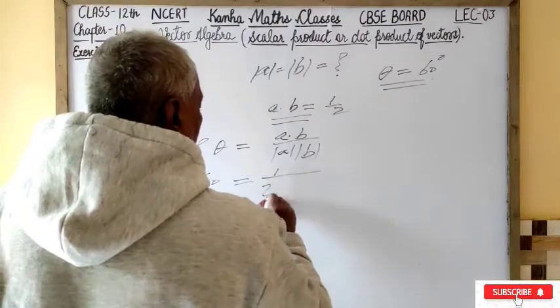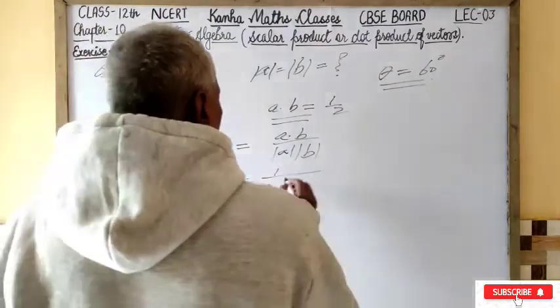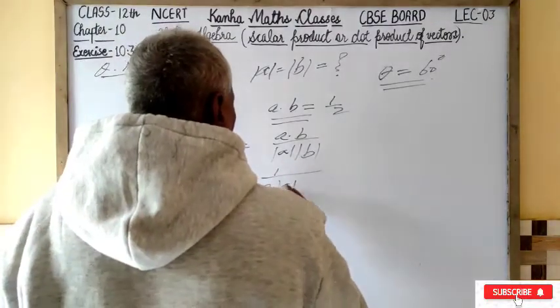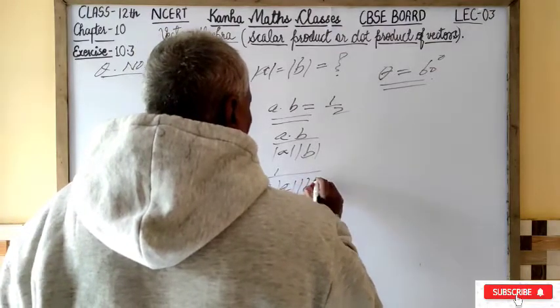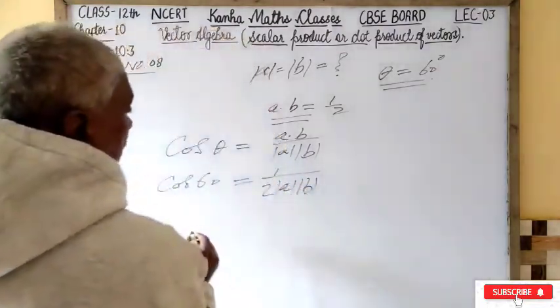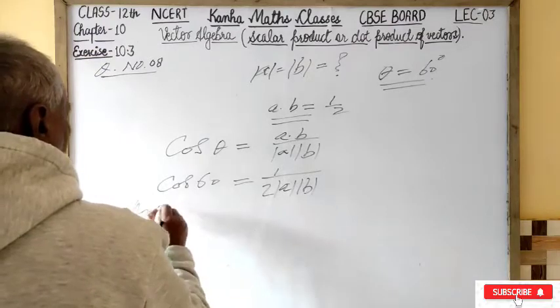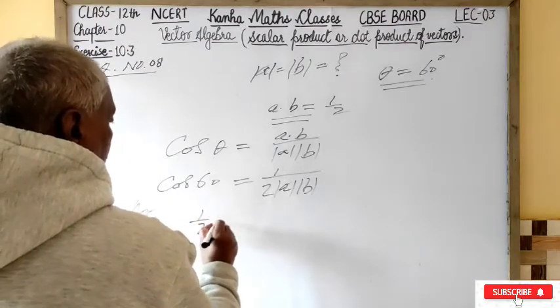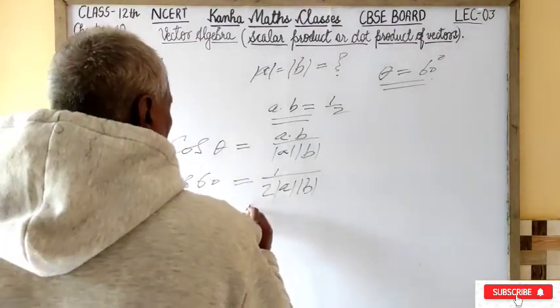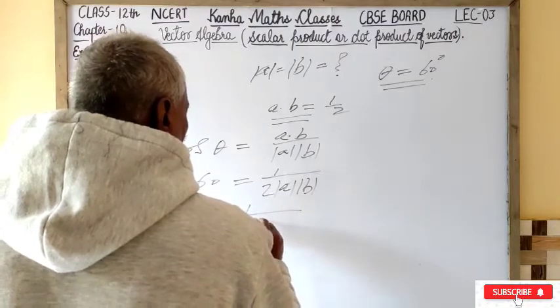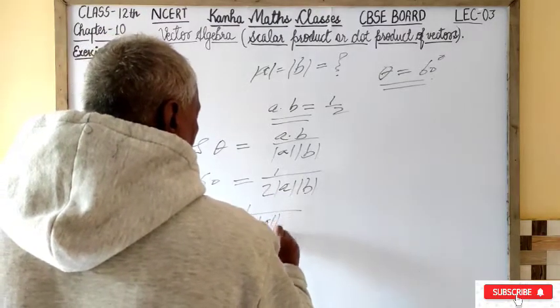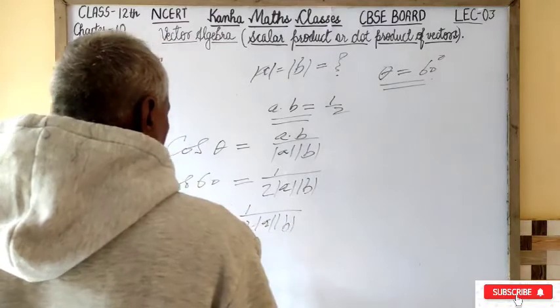Cos 60 means 1 by 2, over mod of A mod of B.